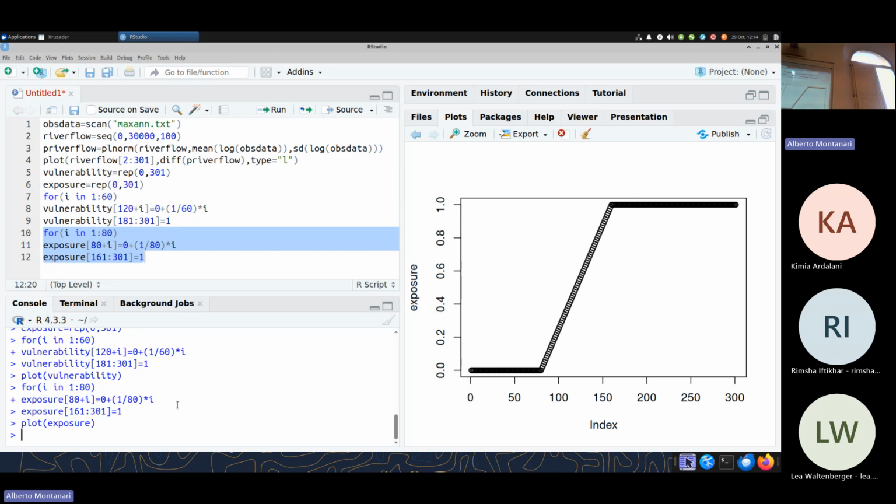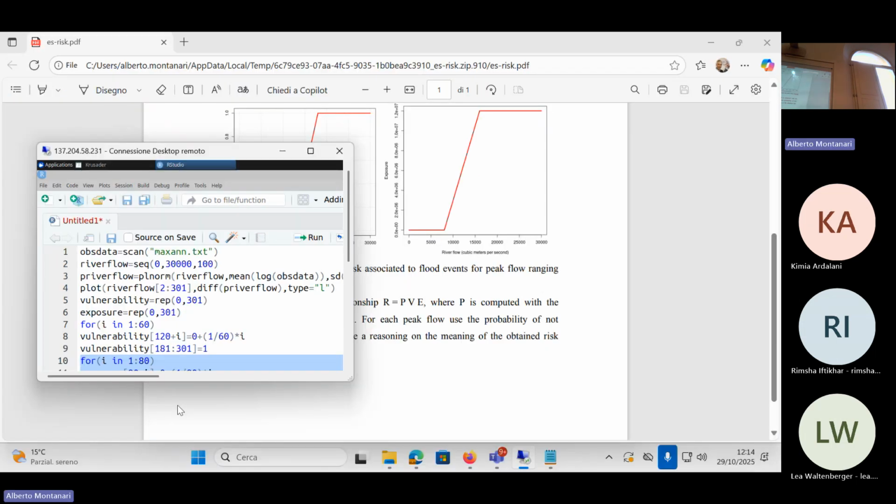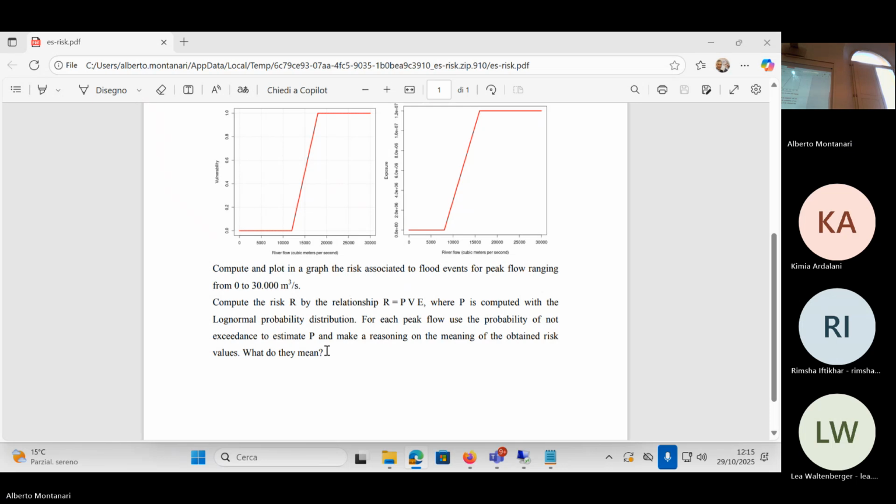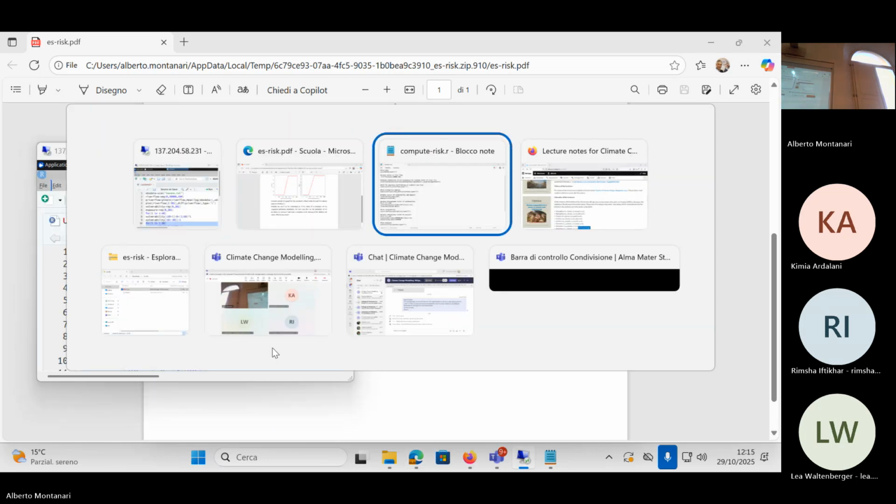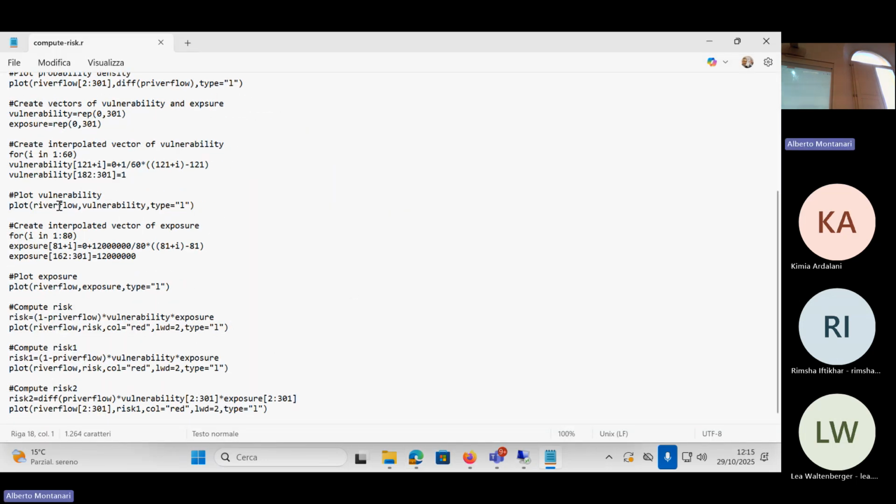Now, what's the next step? Computation of risk. And remember that we have the open question. So let me go here. Now, we got here, plot exposure, compute risk. Okay, and here, let's compute risk first in this way.